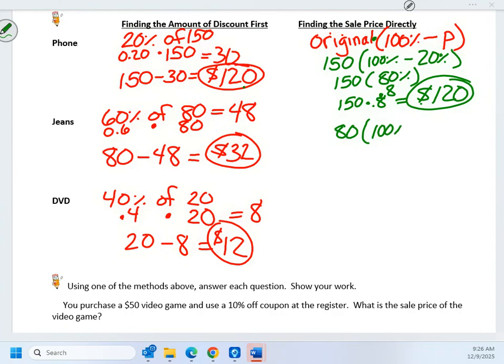I put that 100% minus 60%, because we have to do that subtraction. Remember, this method, we subtract first, then we multiply. So 100% minus 60% would be what percent? 40%. So I can put that right as my decimal. 40% is 0.40, 0.4.